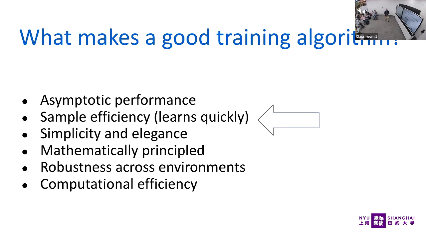So when you're dealing with real physical or mechanical objects, we're very concerned about sample efficiency. We do not want to interact with the environment too much. We want to get a good policy with as few interactions as possible with the environment. And so much of our research and many other people's research has been focused on coming up with reinforcement learning algorithms that are sample efficient.